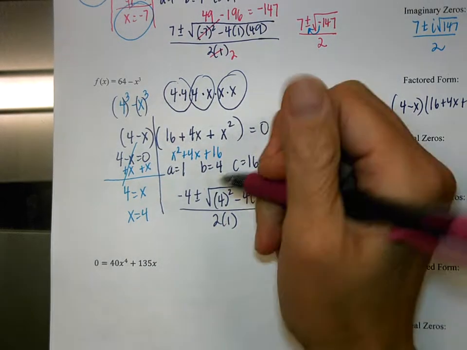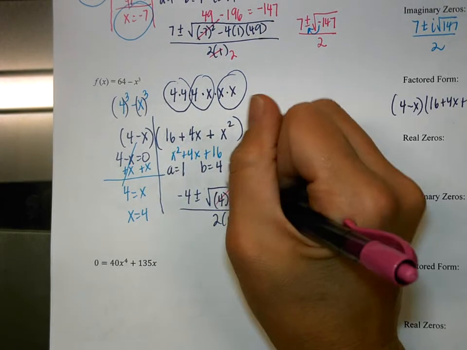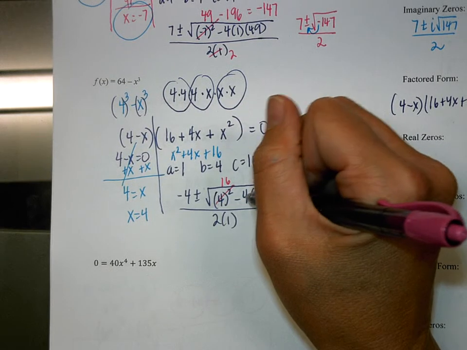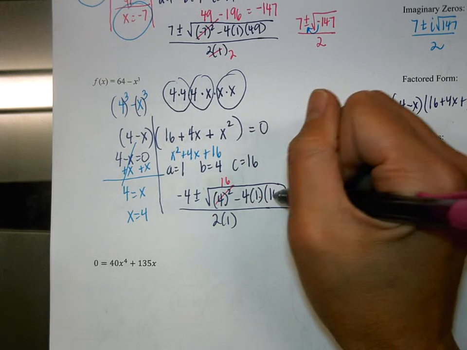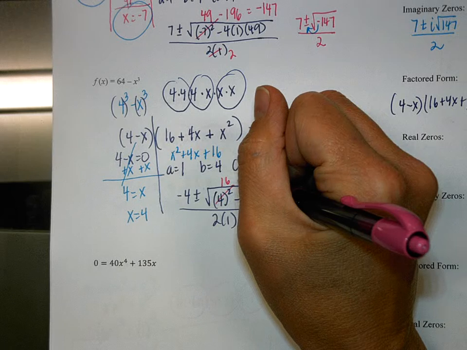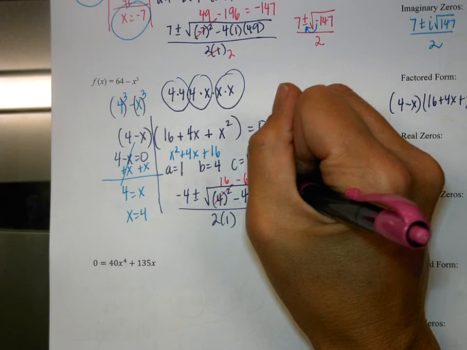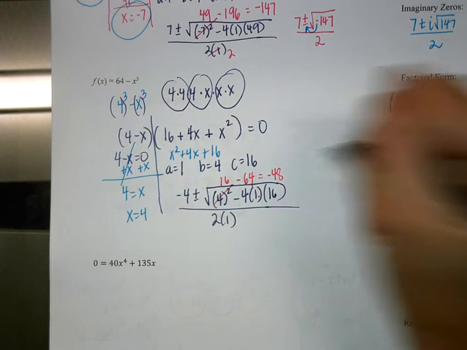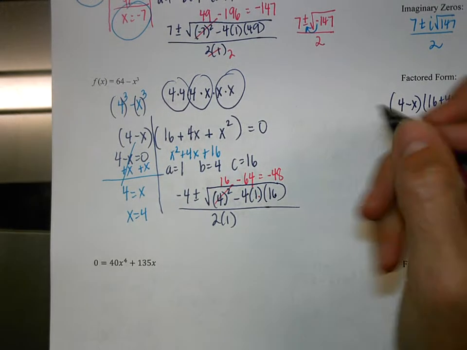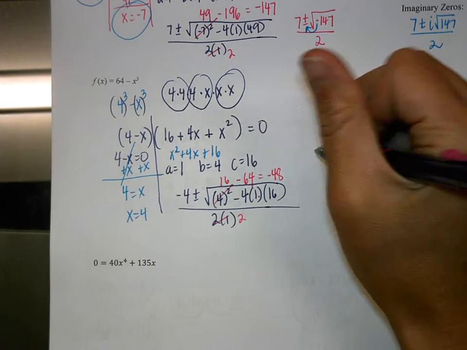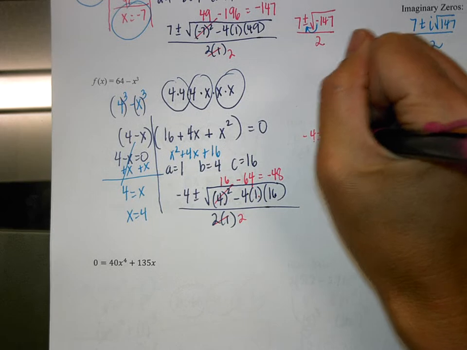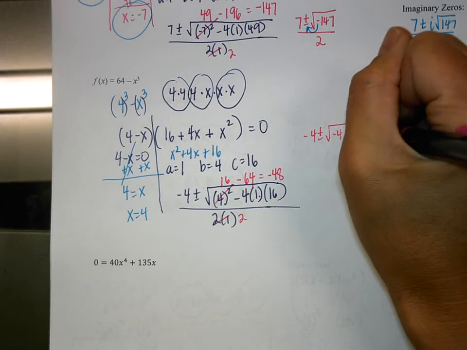Next, we simplify. 4 squared is 16, and here we have 4 times 1 times 16, which ends up making negative 64, and 16 minus 64 is negative 48. And then 2 times 1 is 2. So we have negative 4 plus or minus the square root of negative 48 all over 2.